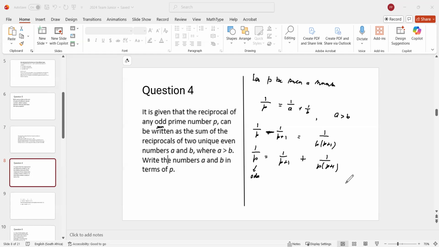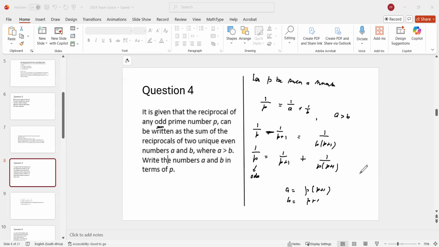Let's write the numbers A and B in terms of P. They say A is greater than B, so A will have to be P into P plus 1, and B is P plus 1. This is P plus 1 times a positive natural number, actually greater or equal to 2.